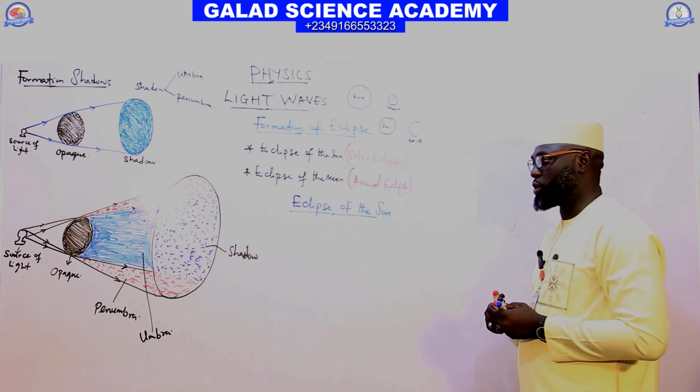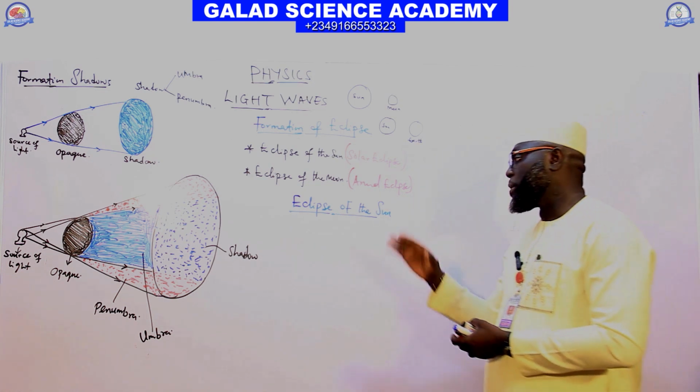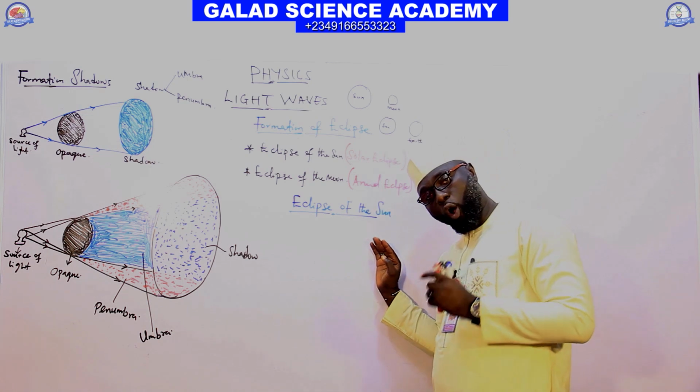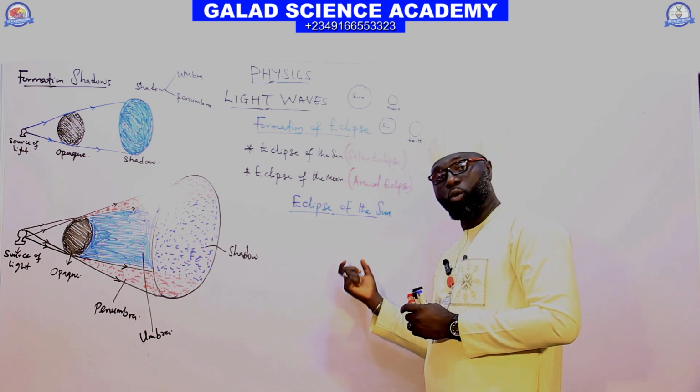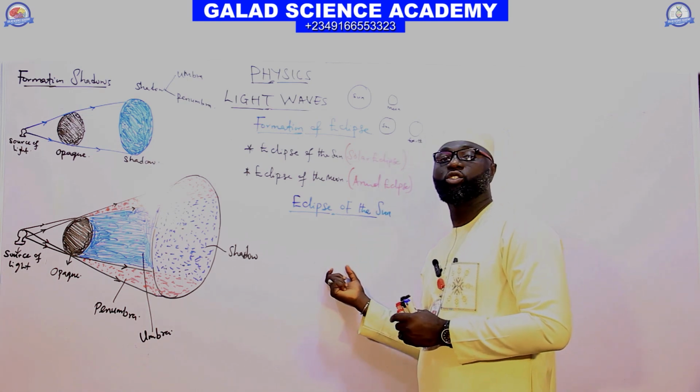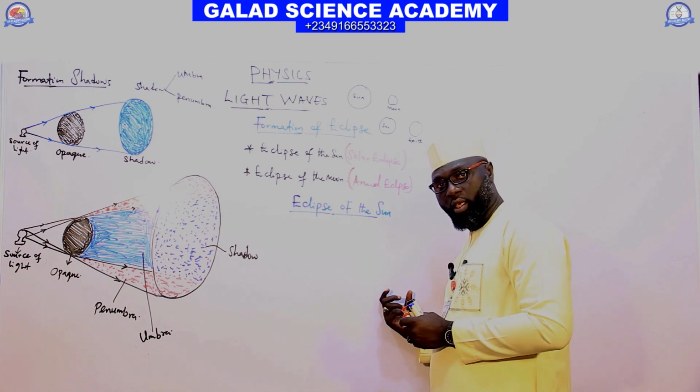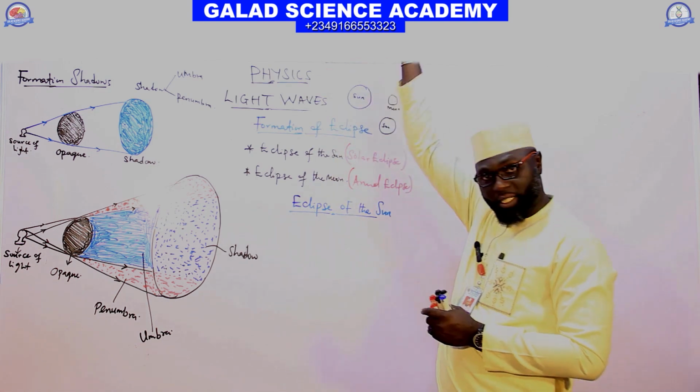What is eclipse of the sun? The eclipse of the sun occurs when the moon is in between the sun and the earth.